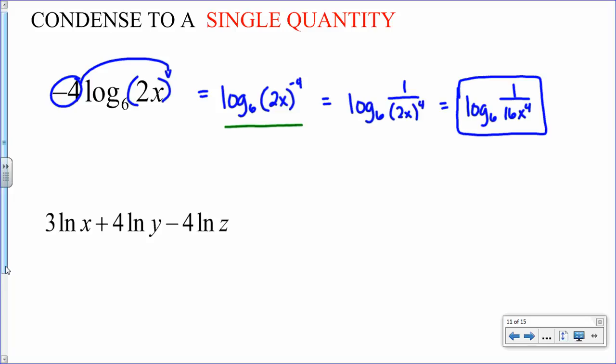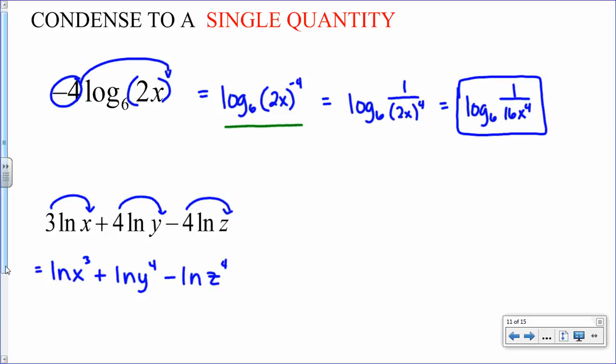Just going to take me a couple steps. So I'm going to move the 3 and these 4s. So that's natural log of x cubed plus natural log of y to the 4th minus natural log of z to the 4th.